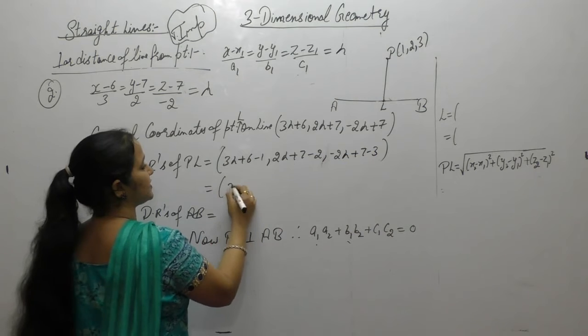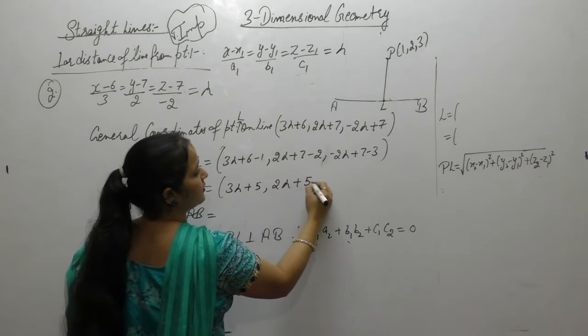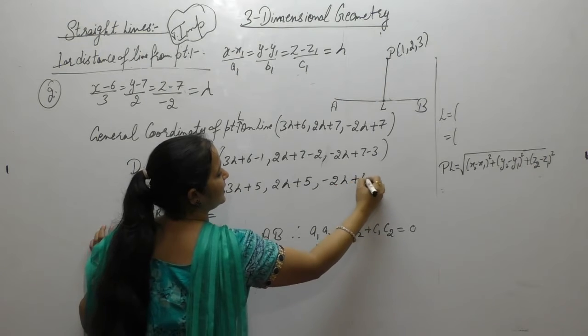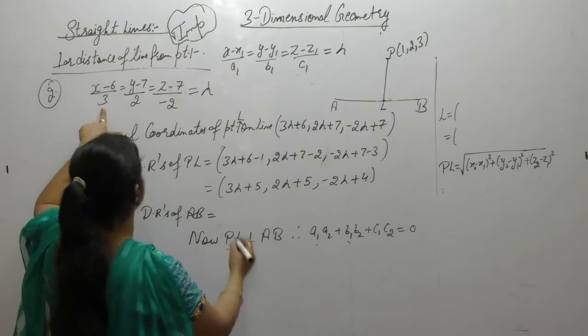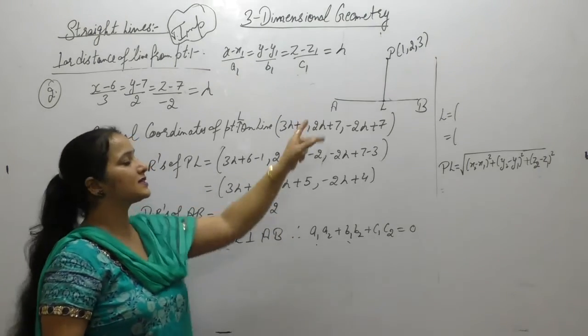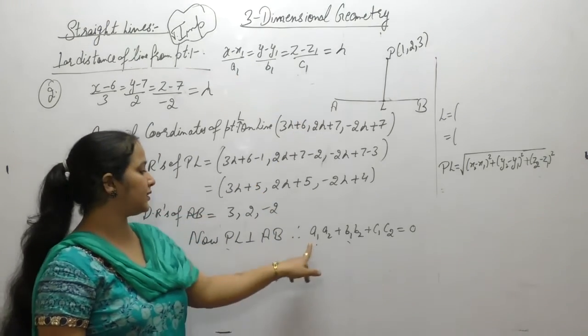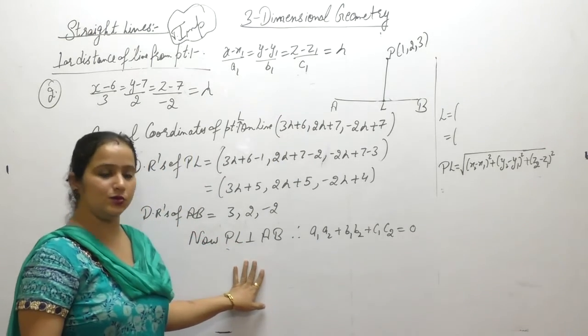So the direction ratios are 3 lambda plus 5, 2 lambda plus 5, minus 2 lambda plus 4. Now the direction ratios of AB are 3, 2 and minus 2. Now since these two lines are perpendicular, therefore A1 A2 plus B1 B2 plus C1 C2 equals 0.